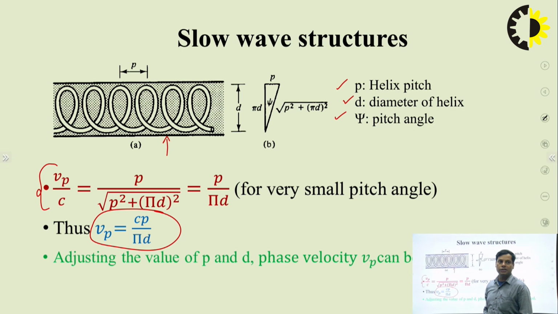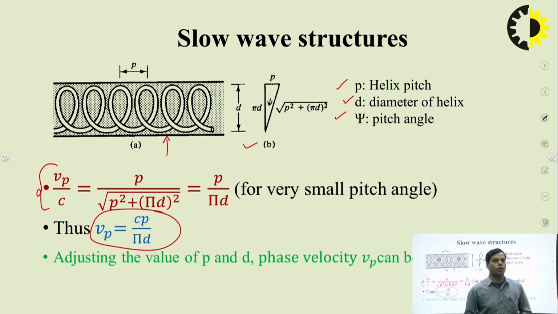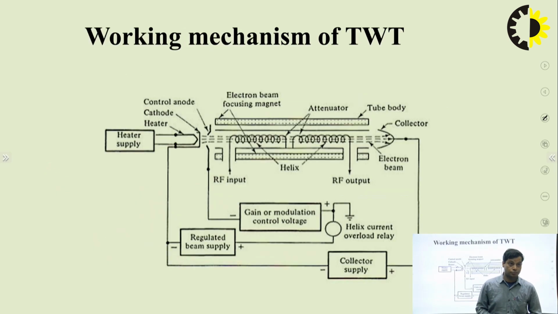You can see the geometry in figure B. From the numerical point of view, we can calculate the phase velocity if we have the pitch length and the diameter. Numerical problems from this relation have been asked in exams a number of times.